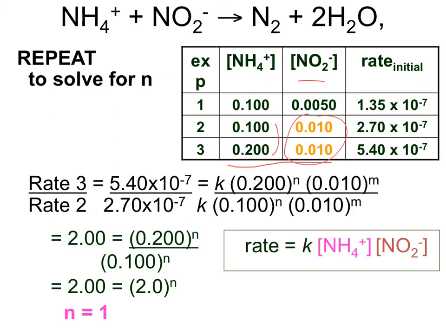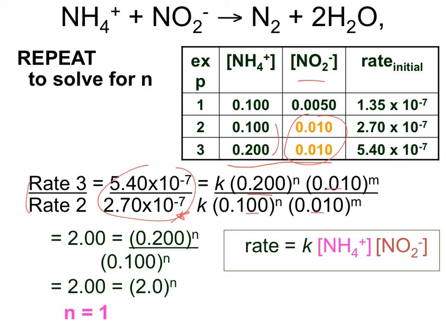Just like we did last time, we're going to compare the two rates. We plug in the instantaneous rate, or the initial rates that are being recorded from the reaction. We plug in our concentration values into our rate laws from the data table.